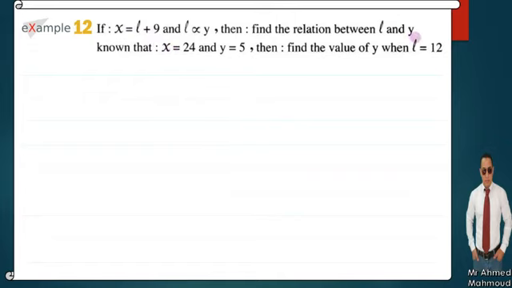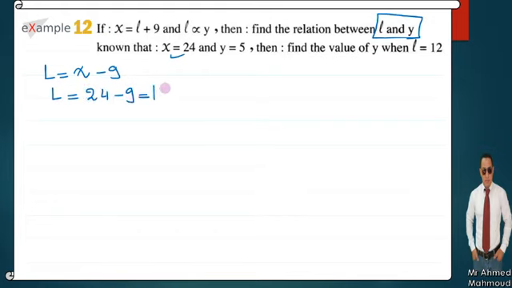Since he needs the relation between L and y, I need to cancel x. It's very easy. By putting x equals L plus 9, then L equals x minus 9. At x equal 24, L equals 24 minus 9 equals 15.